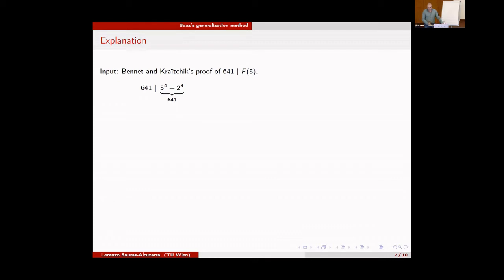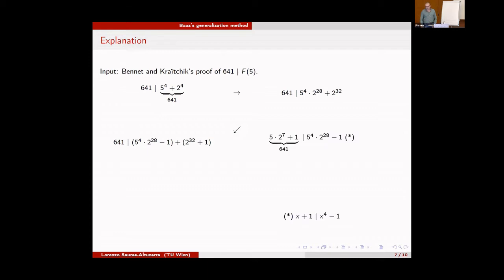So yes, 641 divides itself, obviously, and we use the property that it can be expressed as 5 to the 4 plus 2 to the 4. We multiply on the right by 2 to the 28. Then we add and delete 1.